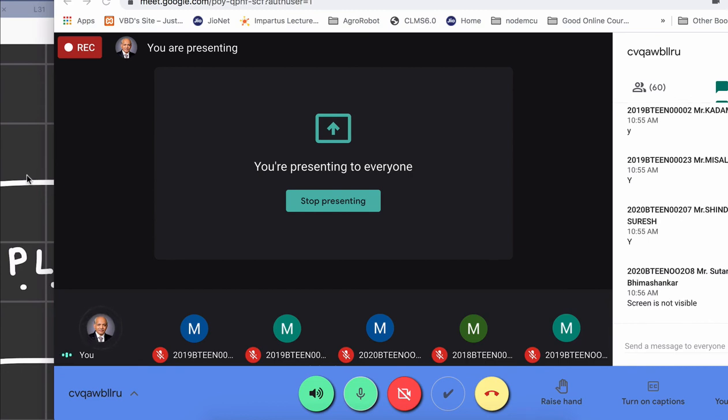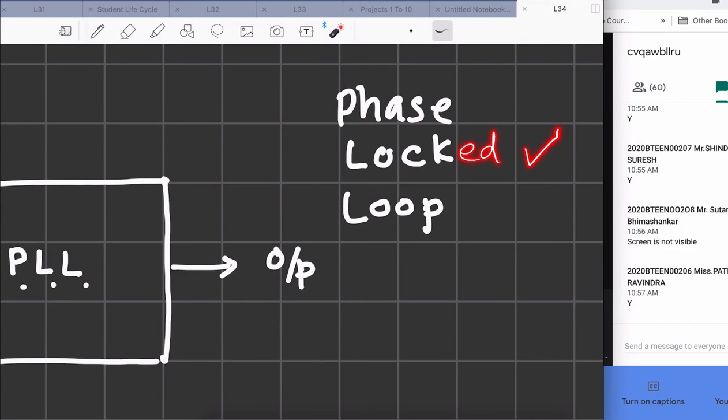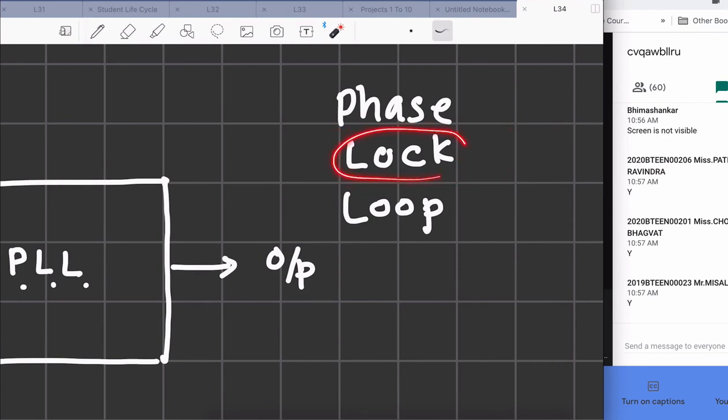Phase lock loop is wrong. Is this okay? Understood? So you should write this and not this.